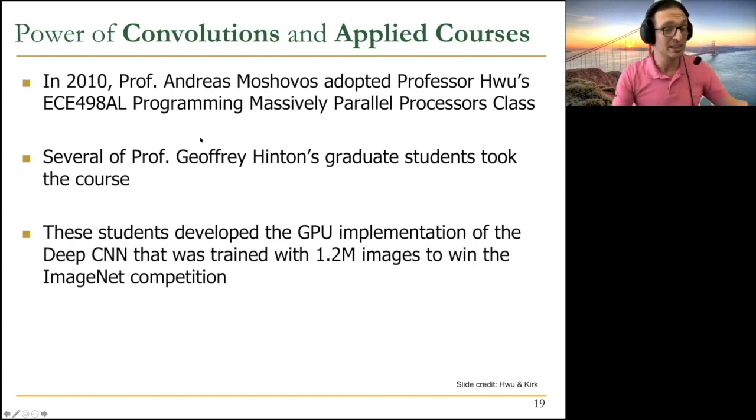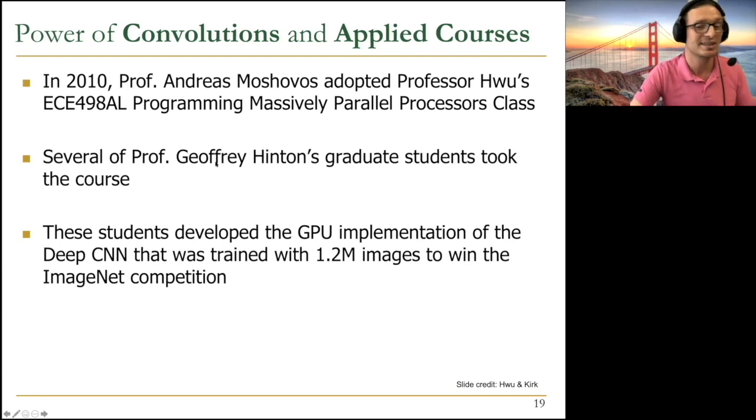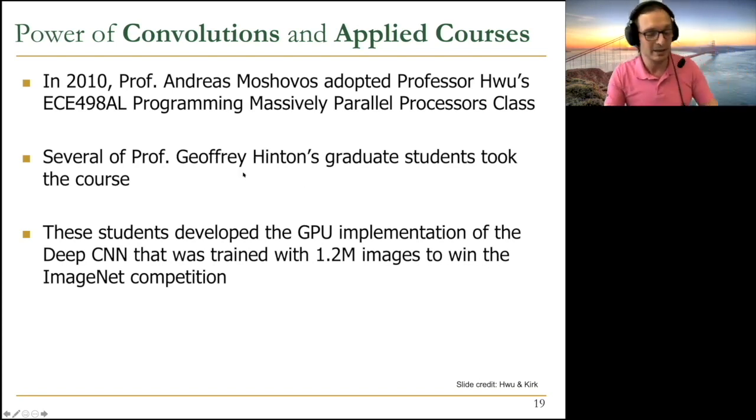And some machine learning PhD students, who were Geoff Hinton's students, took this course. Geoff Hinton is actually one of the pioneers in machine learning, who developed some of the earliest backpropagation algorithms, for example, which did not get a whole lot of attention initially.